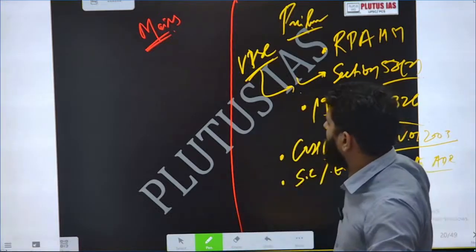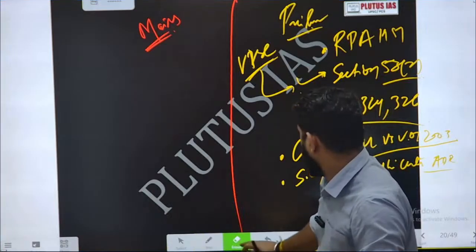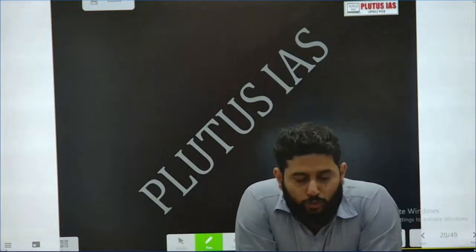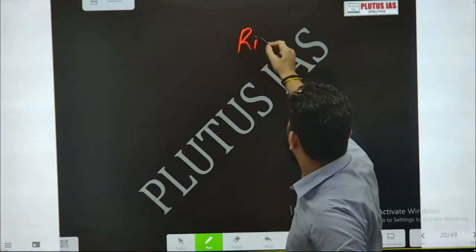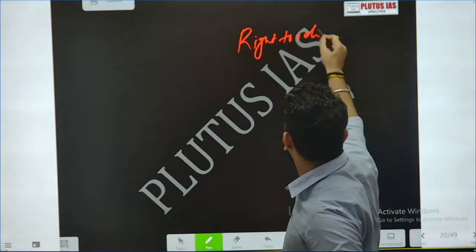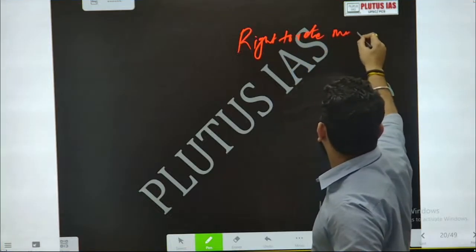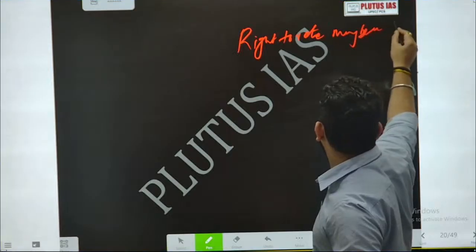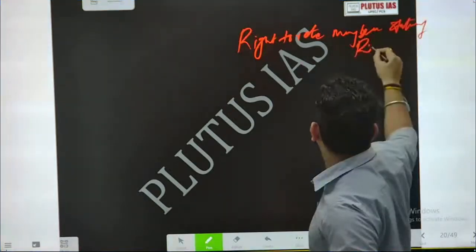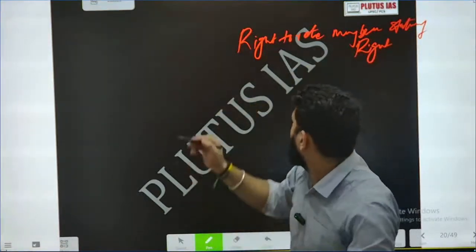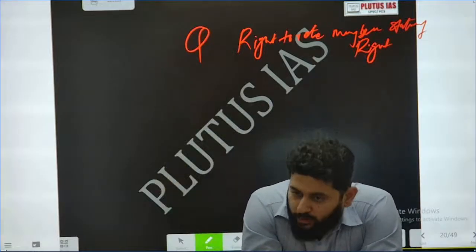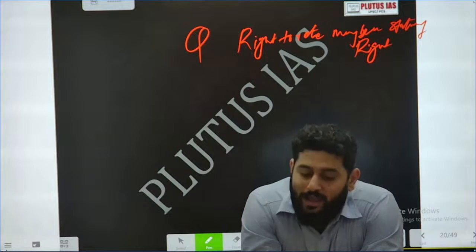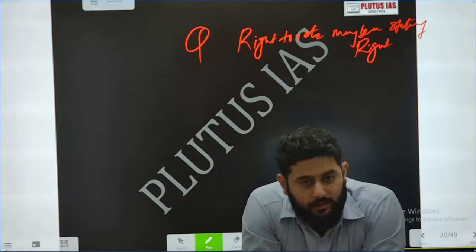ठीक है. अच्छा, let's discuss if there is a question regarding the right to vote. Write a question: the right to vote may be a statutory right, but the act of voting is an expression of freedom under Article 19. ठीक है, लिख लो.